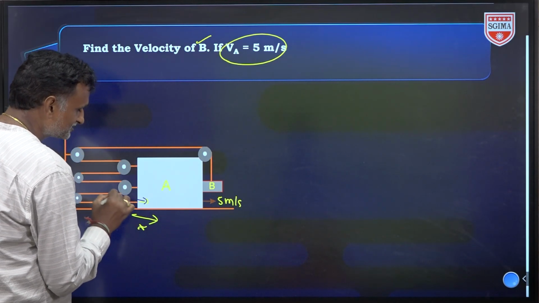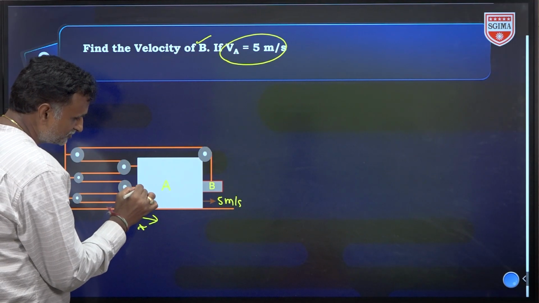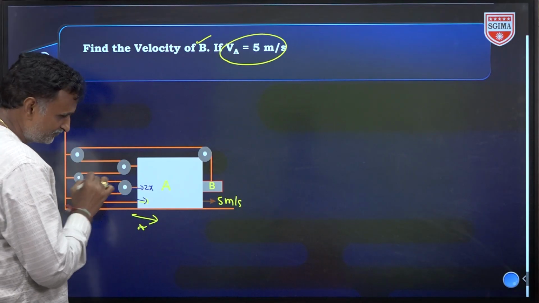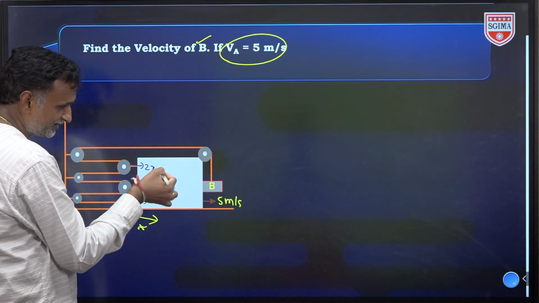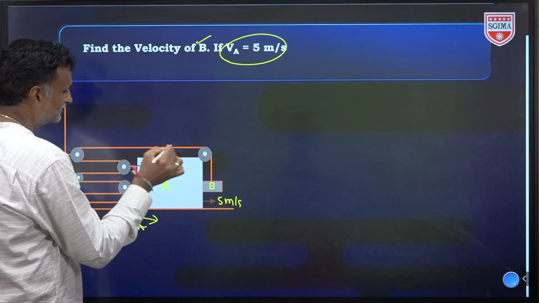This gives you x, okay? And now this gives you 2x, not x, one string, two strings, so it gives 2x, and this pulley is attached to this one, so it gives how much? x.